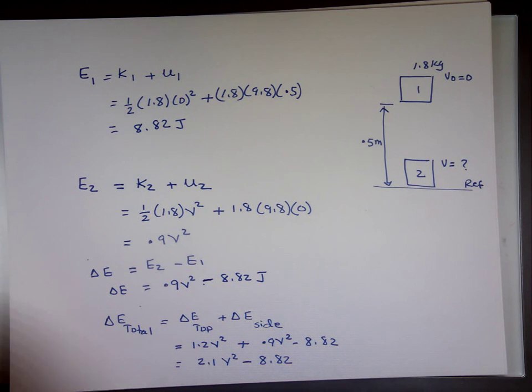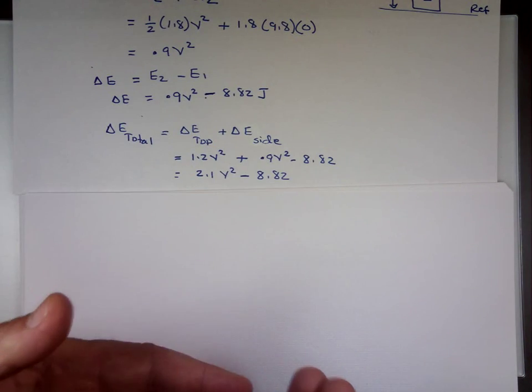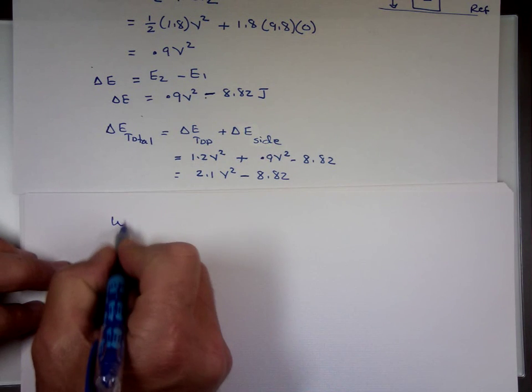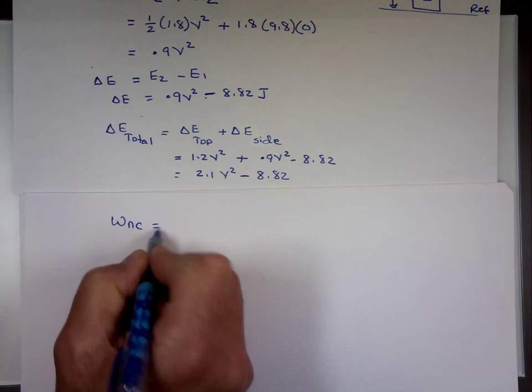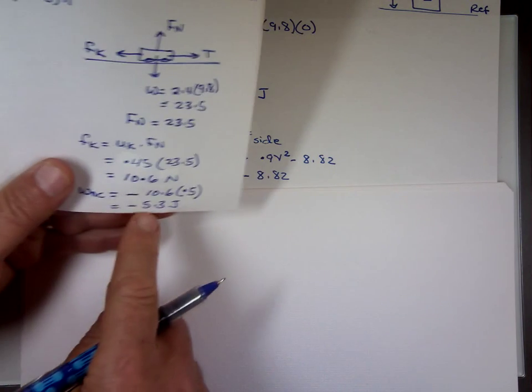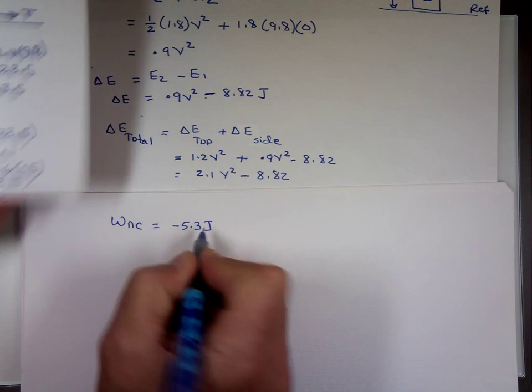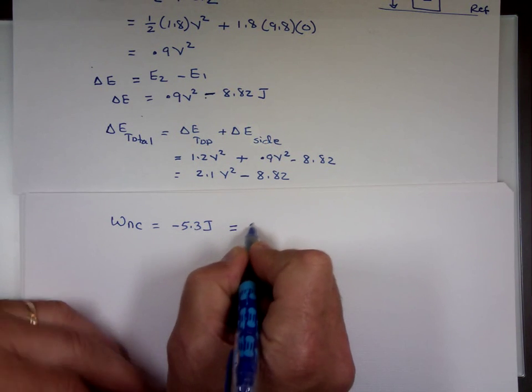What can we do with that? That's the work done by the non-conservative force. The work done by the non-conservative force, we calculated that number, negative 5.3, should equal 2.1 v squared minus 8.82.